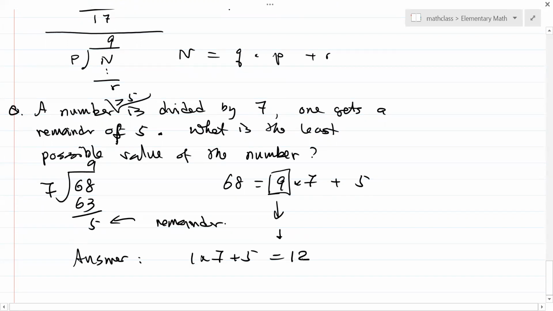Right? 12 is the least possibility of such a number that meets the requirement. Got it? So we sometimes have to solve minimum, maximum value problems.